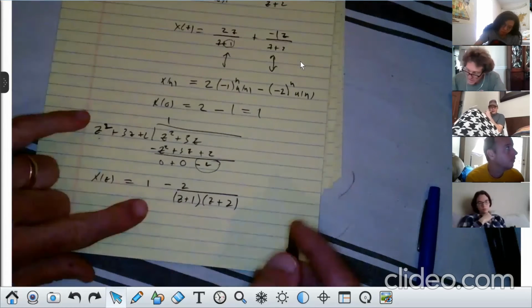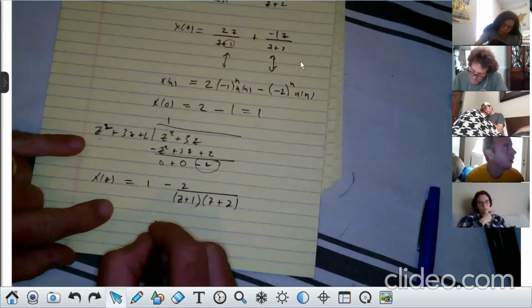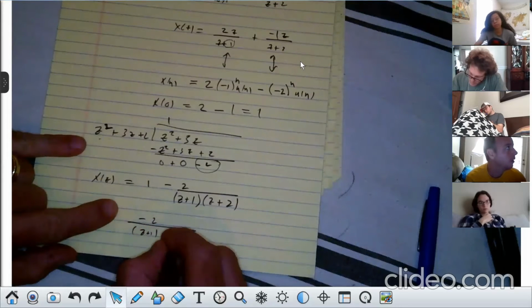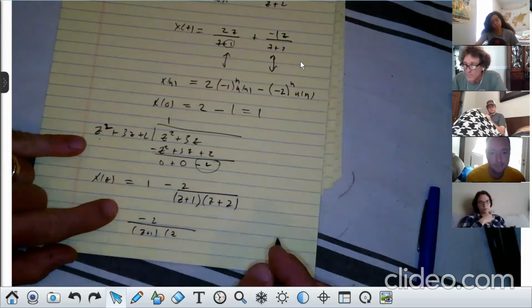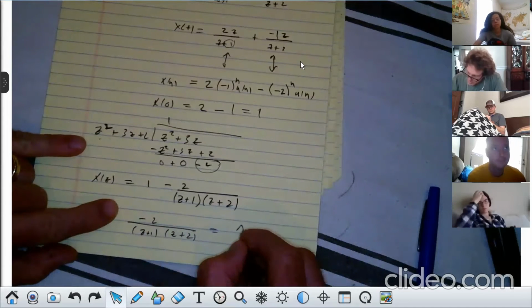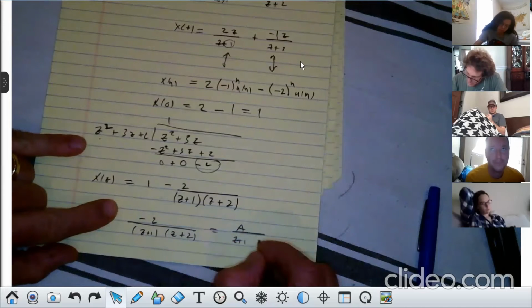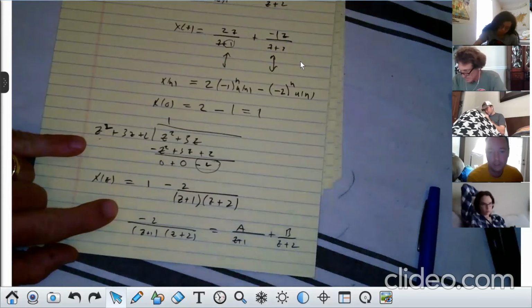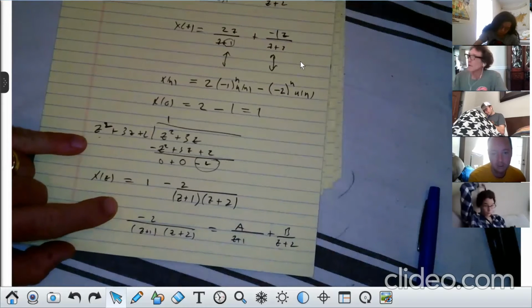Now, when I look at this, the minus 2 over z plus 1, z plus 2 is going to be a over z plus 1 plus b over z plus 2, correct?